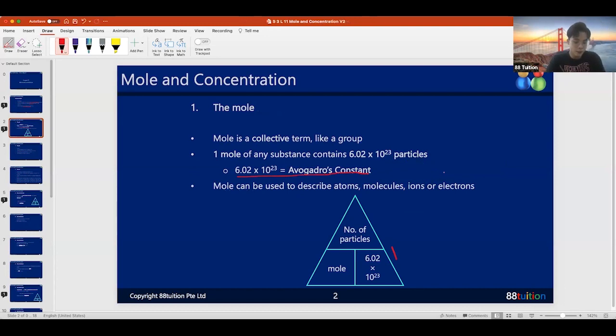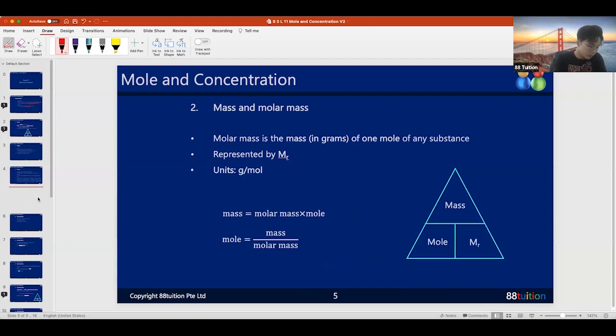Any one mole of any substance contains 6.02 times 10 to the power of 23 particles at any point of time. We can just ignore this triangle, it's a bit more confusing, but just know that this is one mole, 6.02 times 10 to the power of 23.